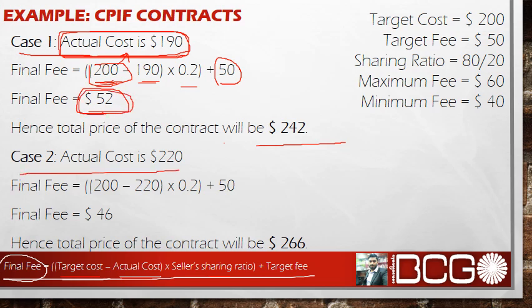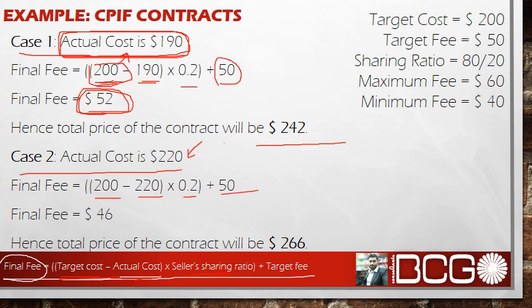While in the other case, the actual cost is 220. The target cost was 200. So he has expensed more than the target. So you will see in this case he will be penalized. So putting the values again, target cost 200 and the actual cost 220. The seller ratio remains the same 0.2 and the target fee remains the same 50.